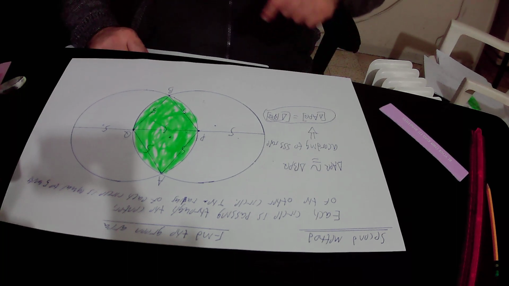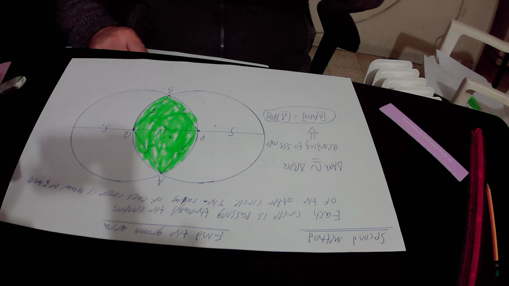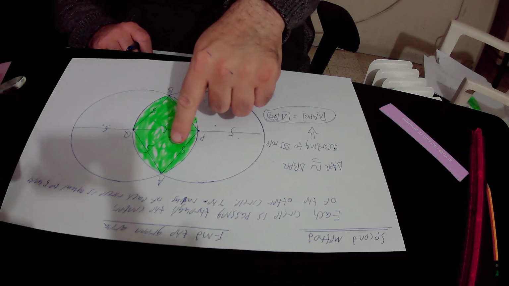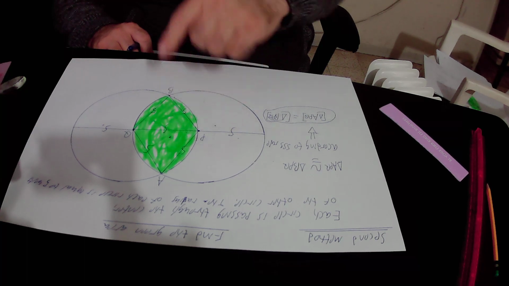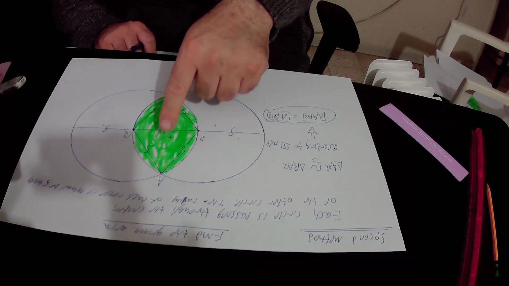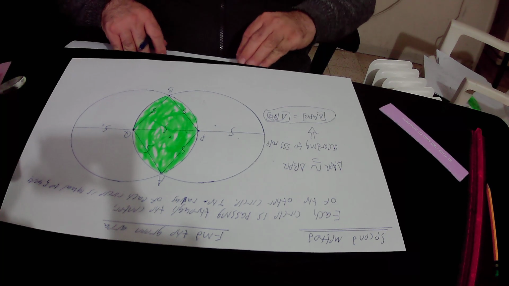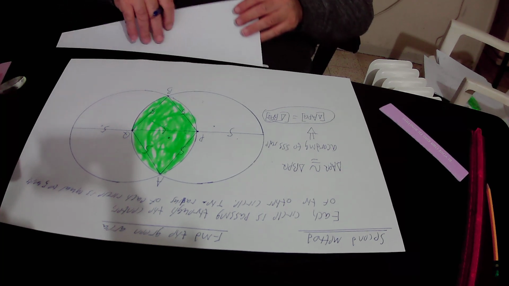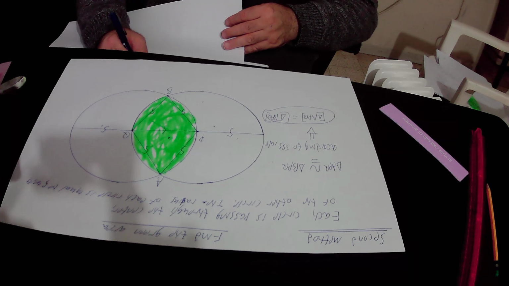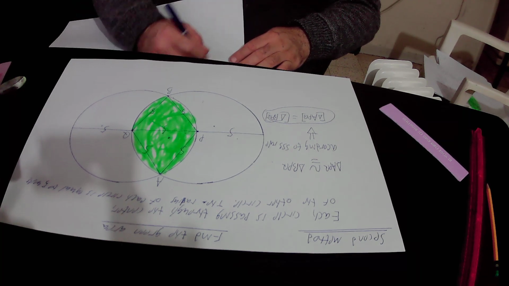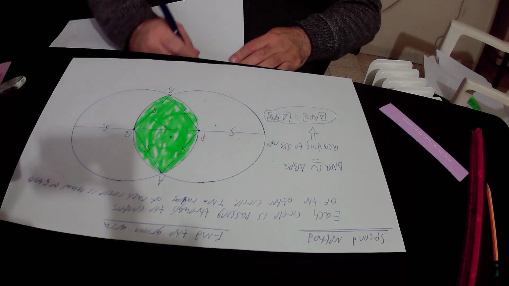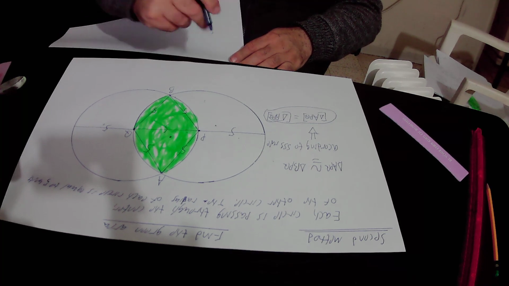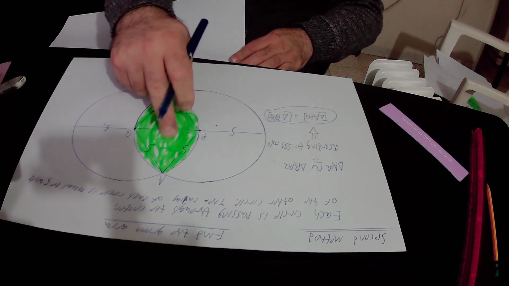So the area of those two triangles will be equal to the area of triangle APQ times 2. I'll write it down. So the area of this shape, that is actually the area of those two equilateral triangles, will be equal to 2 times the area of the equilateral triangle APQ.